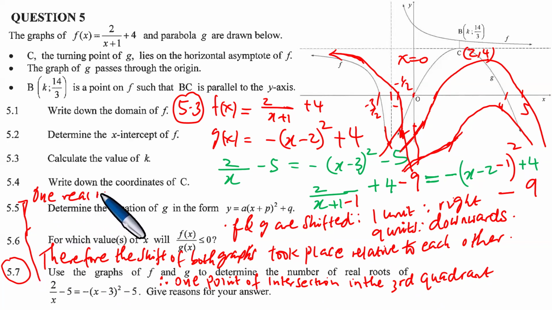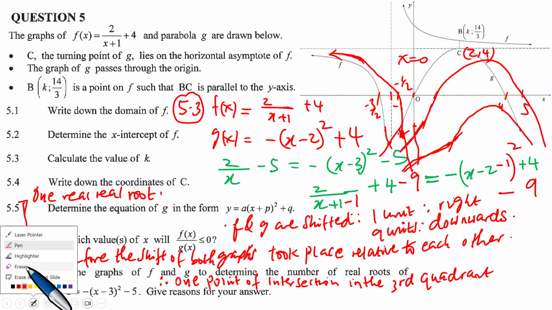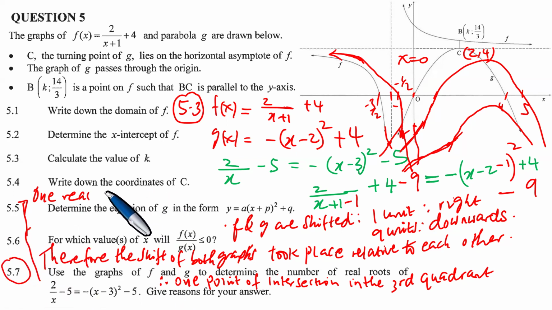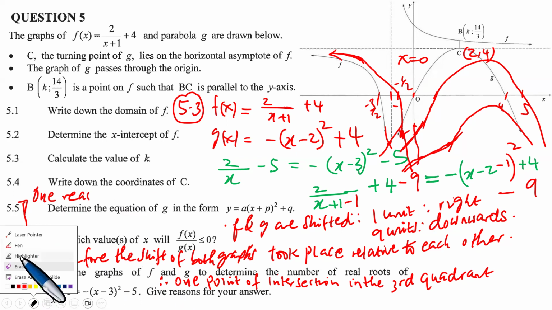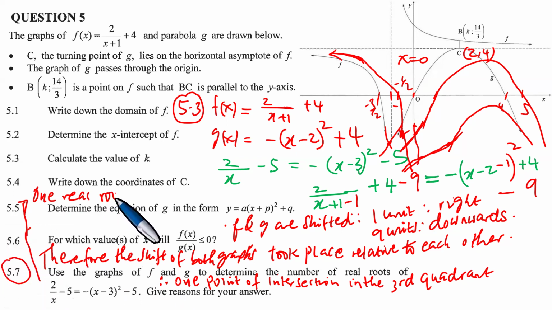One real root. Right, so there is one, because there is 1 point of intersection in the third quadrant, there is 1 real root. So yeah, just take note of that. Because we have 1 real root, we've answered the question.